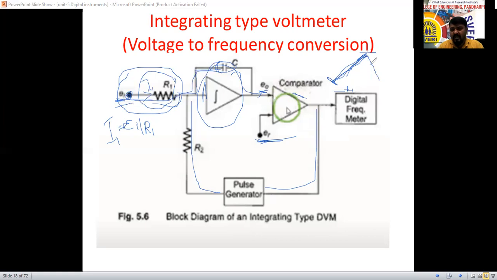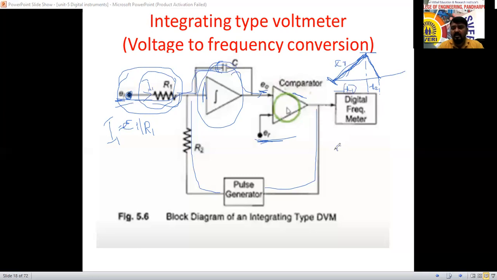And the capacitor discharge from the maximum value, I'll draw here, is called T2. So the input voltage is proportional to the reference voltage ER into T2 divided by the total charging time, which is T1.